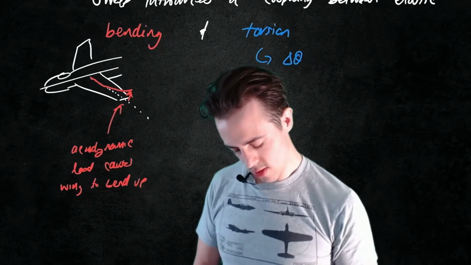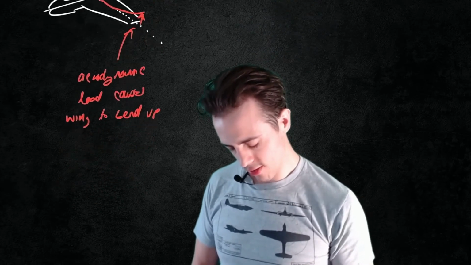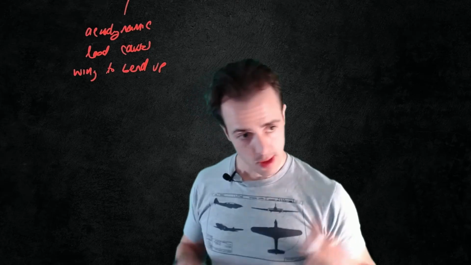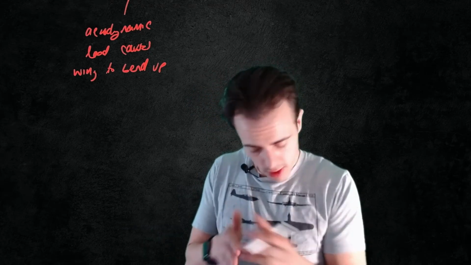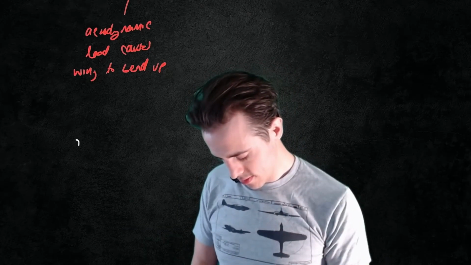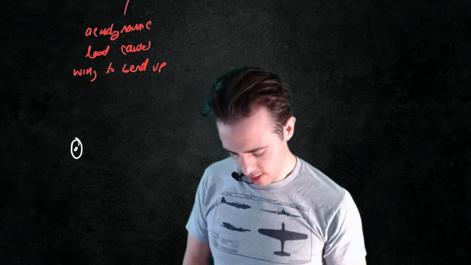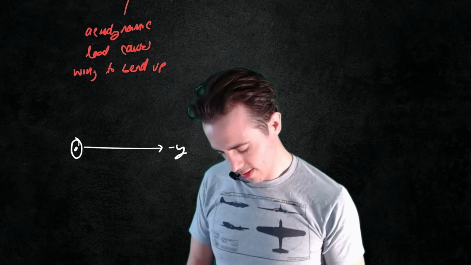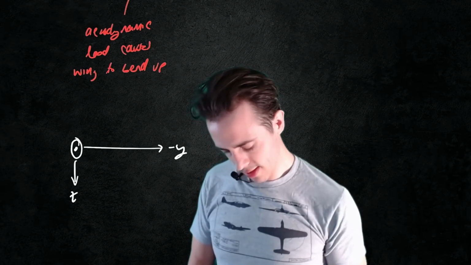So bending, let's just draw a little bit more about aircraft bending. If I was to look at the wing front on our aircraft, so my x-axis is going towards me, I've got my minus y-axis and my z-axis.